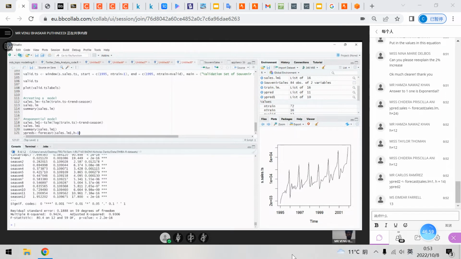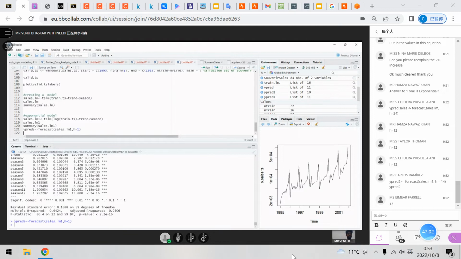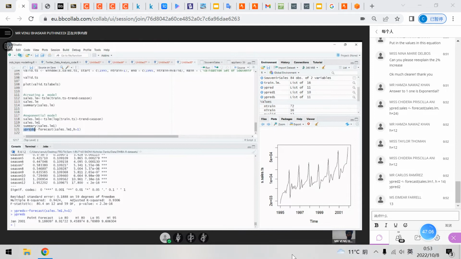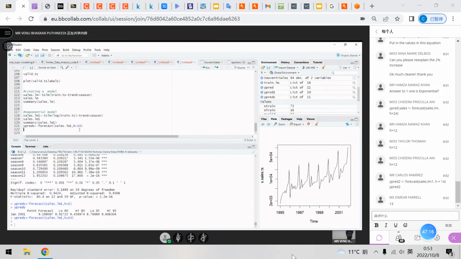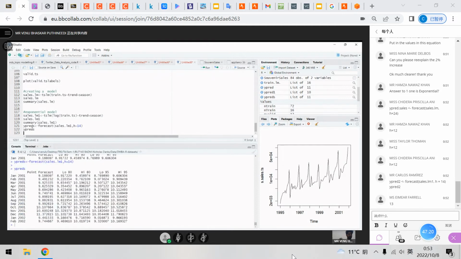And when we make it 14, sorry, I've put 1. And when we get the forecast value, it is 9.744. But how do we get this in terms of dollars?